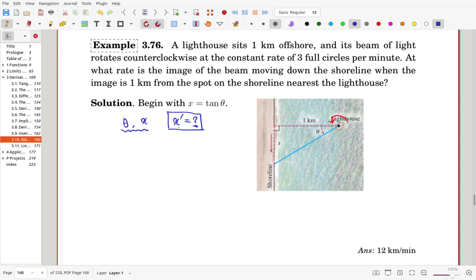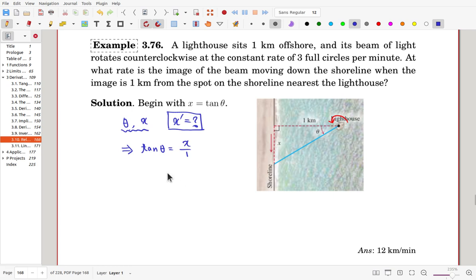Now, we already know that distance is 1, and the angle is theta here, so we can get the relation: tangent of theta equals x over 1. Yeah, there's 1 and that is x.